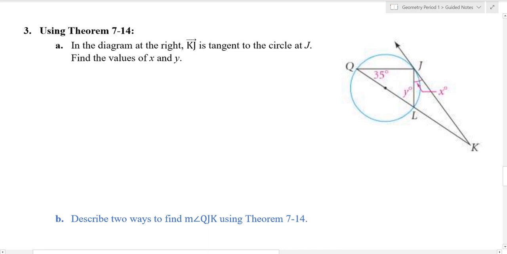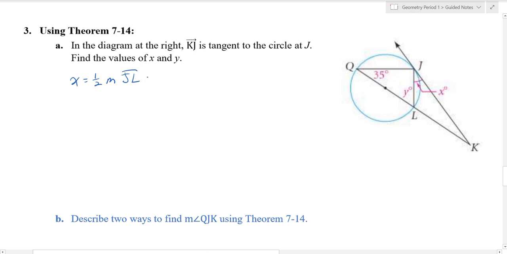We can say that x, this angle right here, x, equals 1/2 the measurement of arc JL, right there.